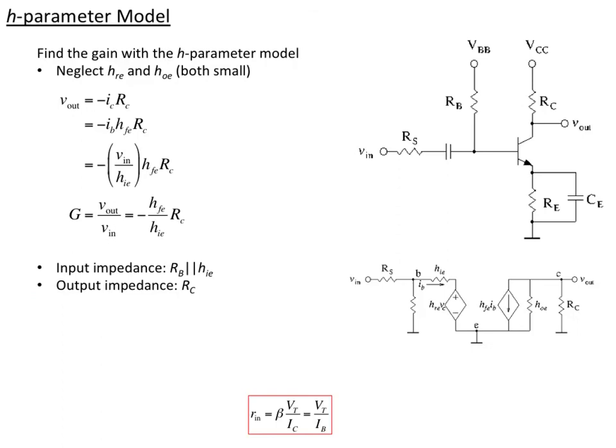So in this model, we can do the same things we did before. All we have to do is plug a more complicated model in for our transistor. Everything else is the same. And so again, we can calculate V out. V out is the current that flows through here. I'm going to still neglect HOE because it's very small, and HRE is going to be 0.